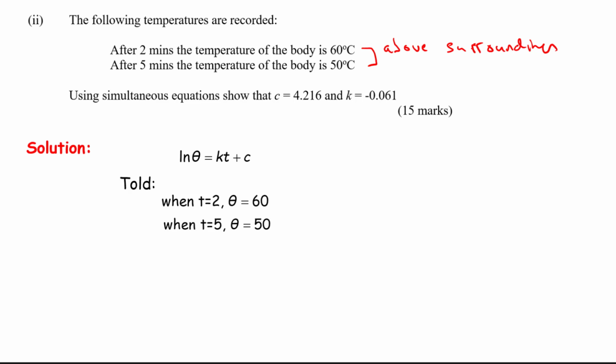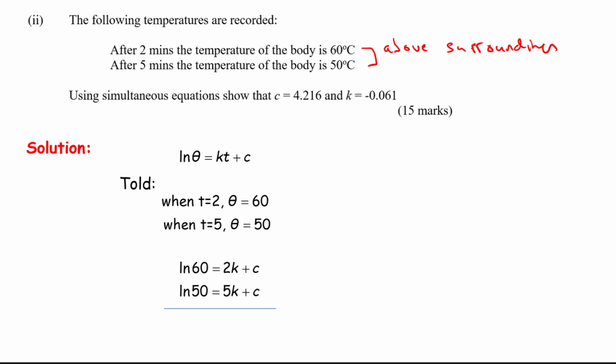And also we're told after 5 minutes, theta is 50 degrees above its surrounding temperature. So we substitute, put 60 for theta and t is 2. So that gives us one equation. Then when theta is 50, put theta equals 50, and t is 5 minutes.